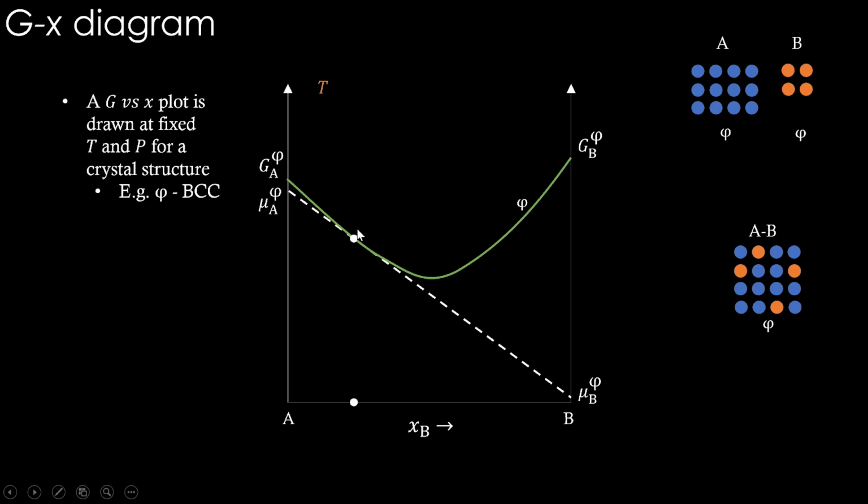At some combination it may be in phi structure, doesn't matter, but A may not be in pure form in phi structure. But we need to have the Gibbs energy of A in phi structure in order to put this point here, this green curve, as long as it reaches this pure A end. So we need to have Gibbs energy of A in phi structure or BCC structure in this case. How do we get that? We will see that in the future.